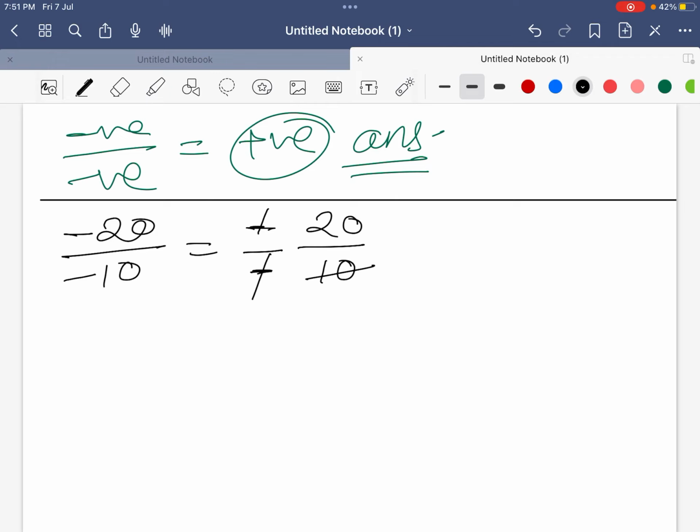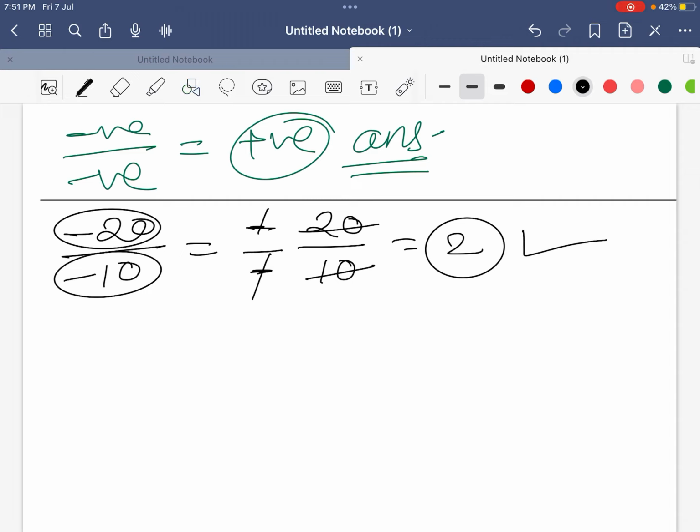Similarly 10 ones are 10, 10 twos are 20. Once again observe the sign. Here 2 is positive, so for negative 20 divided by negative 10 we get the answer positive 2, or plus 2.